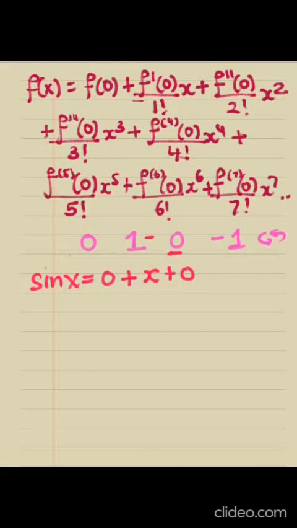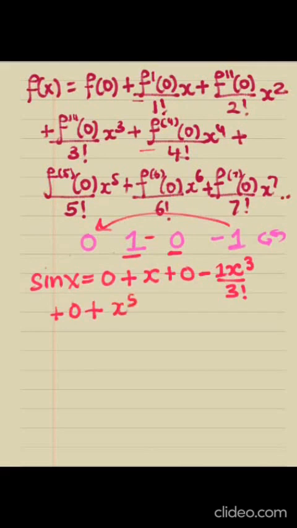And then we have plus f triple prime of 0 over 3 factorial, and f triple prime of 0 is negative 1, so this is minus 1x cubed over 3 factorial, plus the fourth derivative, so we go all the way back here, which is 0. So the fourth derivative of 0 is 0, plus the fifth derivative of 0 is 1, times x raised to 5 over 5 factorial.